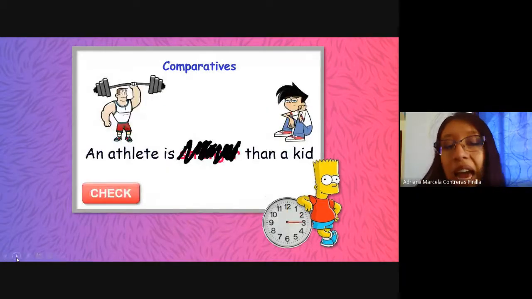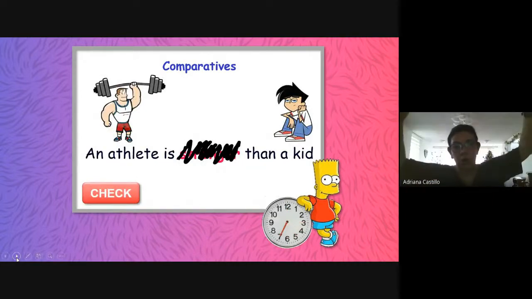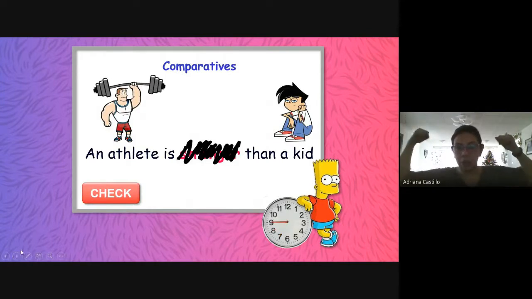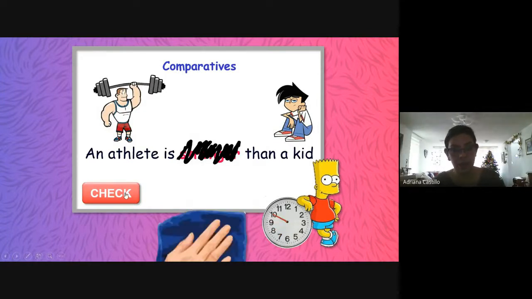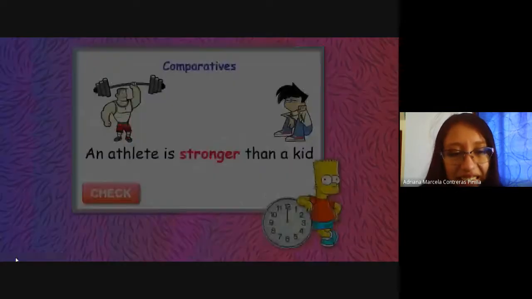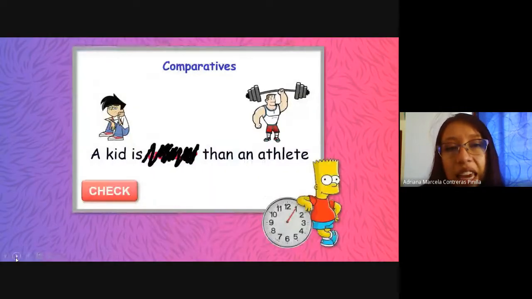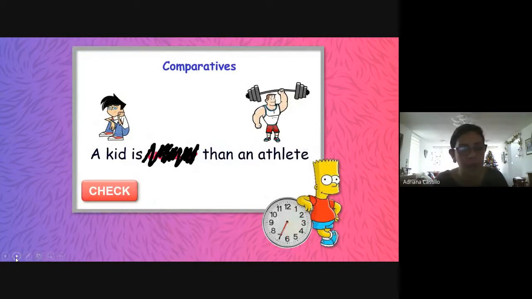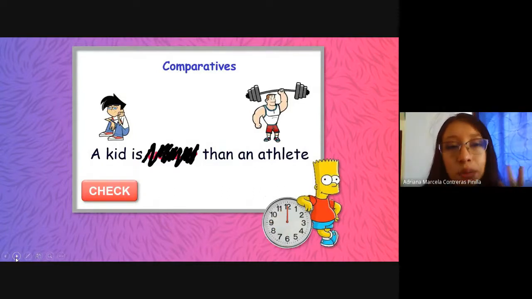An athlete is stronger than a kid. Stronger, yes, very good. A kid is the opposite. What is the opposite of strong?